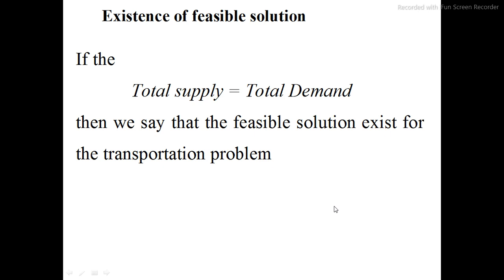Total supply and total demand are the same, they are equal. Then we can say that a feasible solution exists for the transportation problem. That is, the supply and the demand should be equal always.